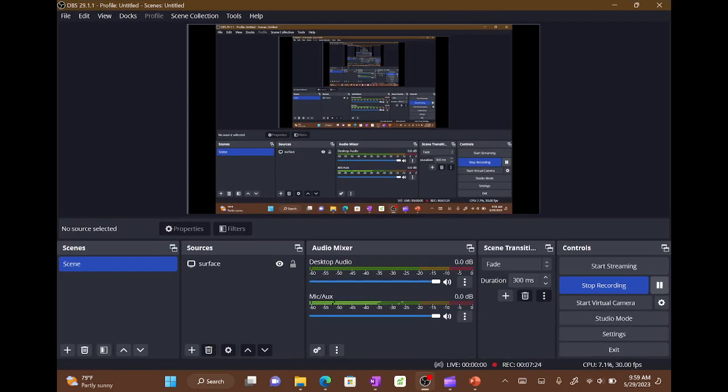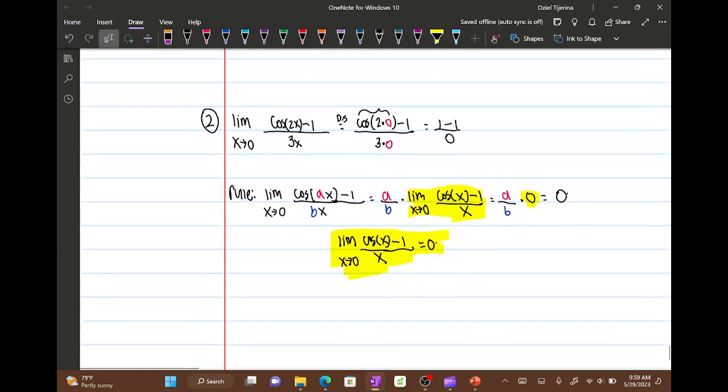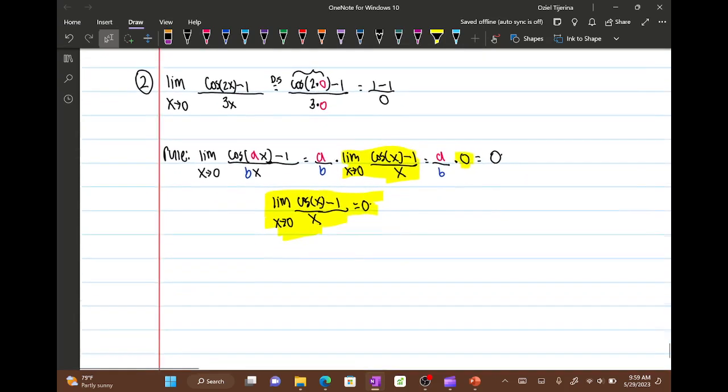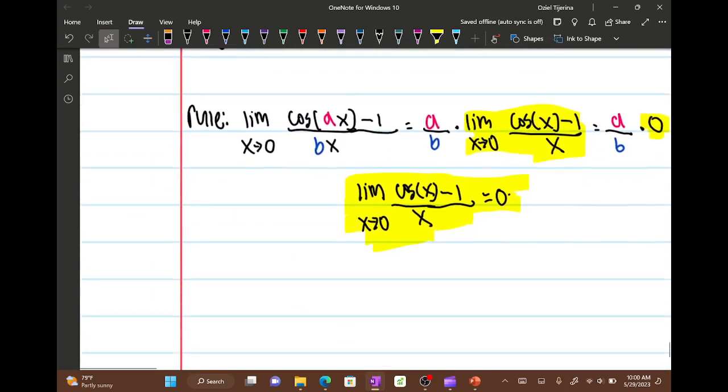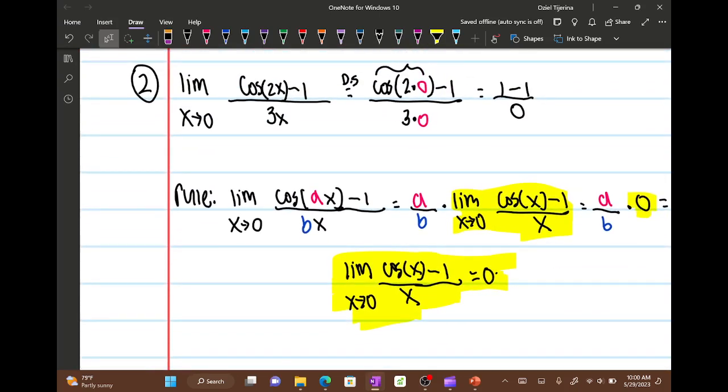All right, sorry about that, guys. So this is the rule, and this is the rule we're gonna use for number 2. We have cosine of 2x minus 1 over 3x.